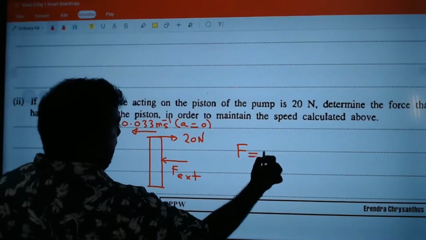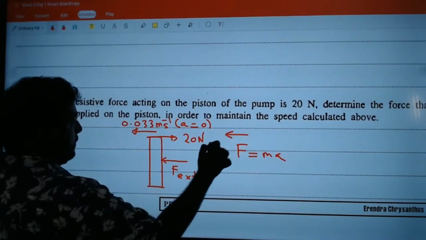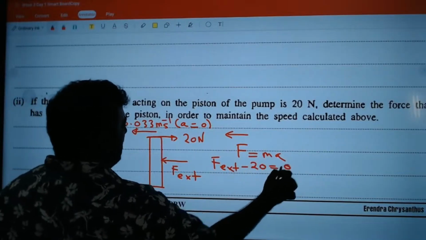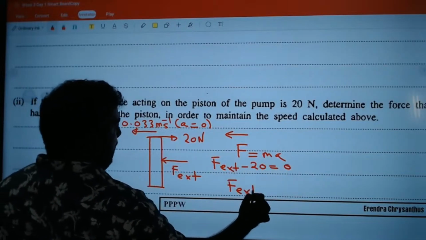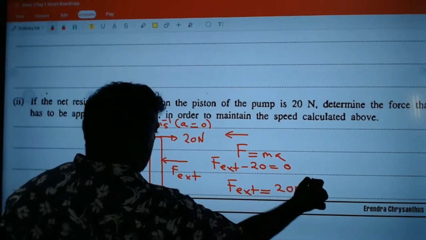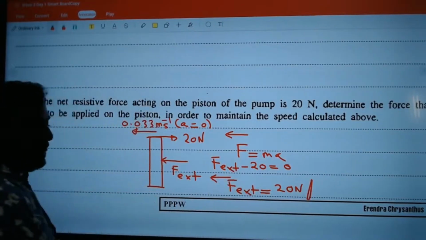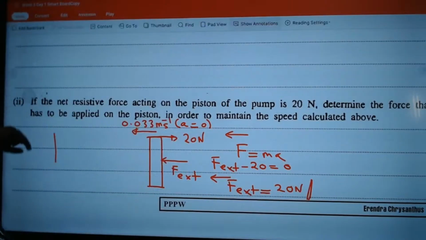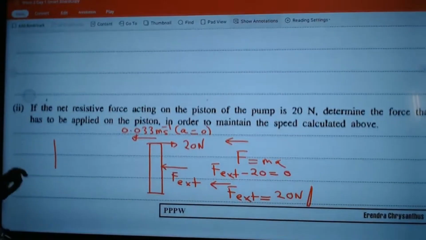Apply F equals ma in the forward direction. External force minus resisting force, no acceleration. So the external force is also 20 newtons in the forward direction.